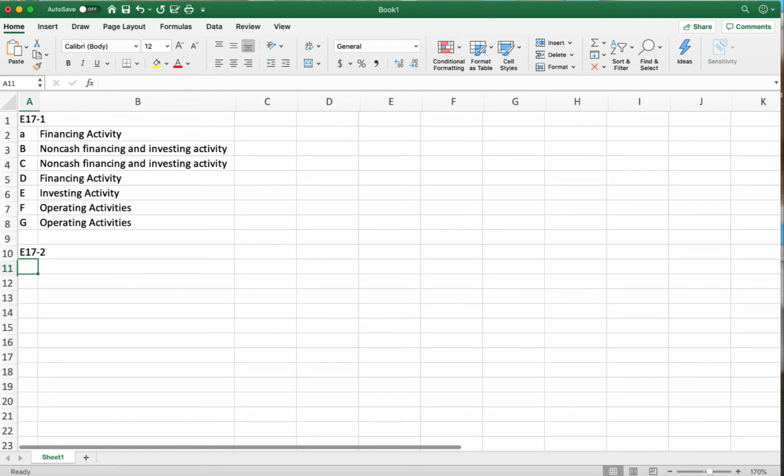So let's look at exercise 17-2, and we need to indicate how each item should be classified on the statement of cash flows using our major categories: operating, investing, and financing, or any non-cash investing and financing activities. Okay, so the first one says payment of interest on notes payable.